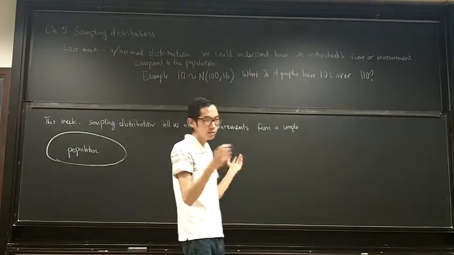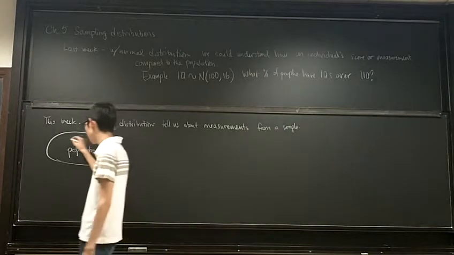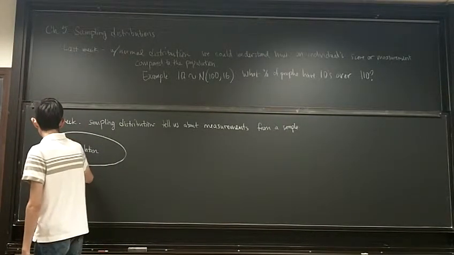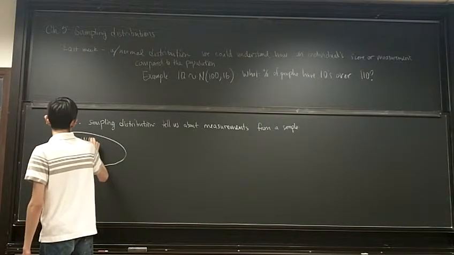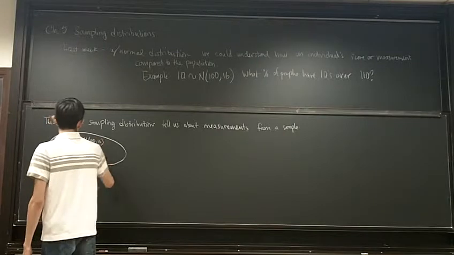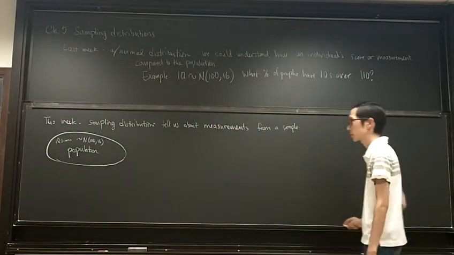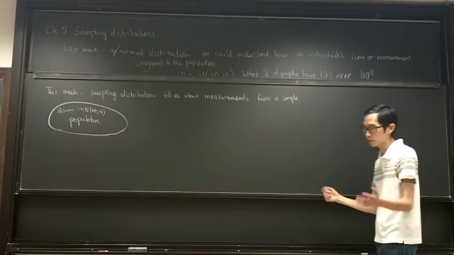This is everybody. And so let's say we're looking at IQ scores. In the population, the IQ scores follow a normal distribution with mean 100 and standard deviation 16. So this is everybody in the population. Somehow we know this.